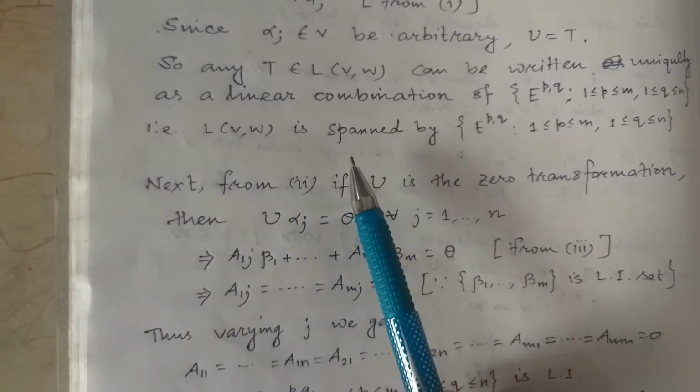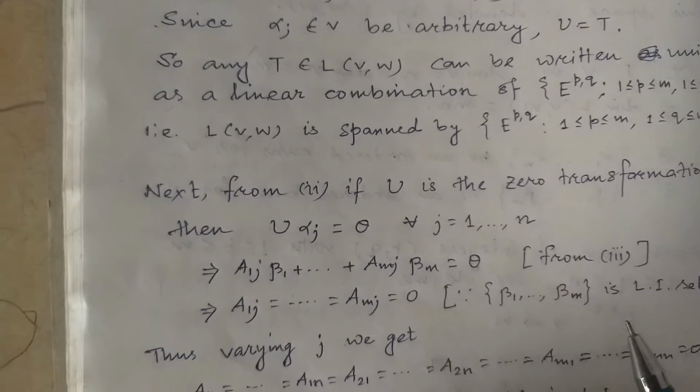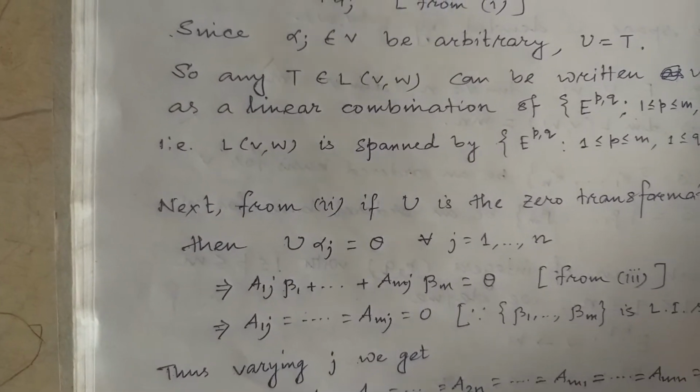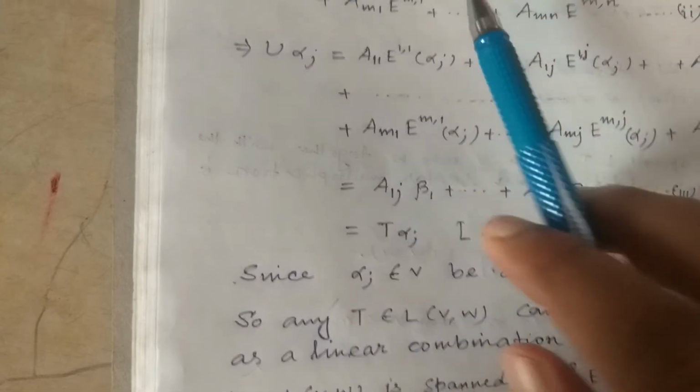We get the idea of linear combination. Next, we have to check that this set is linearly independent. Here we have proved that T is a linear combination of this. Next, we have to prove this set is linearly independent.